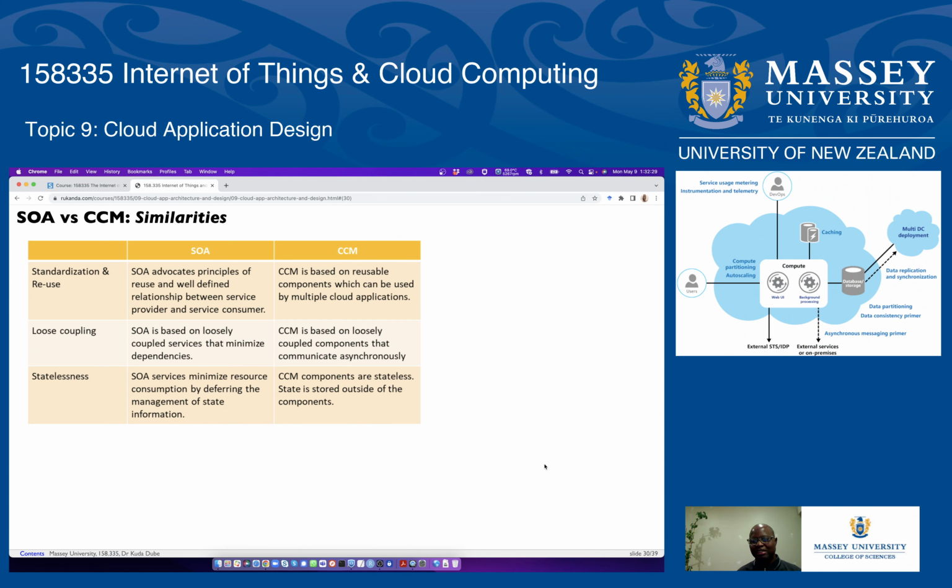Right, the differences are basically the endpoints. Service-oriented architectures have a small set of endpoints, but in cloud components there is a very large number of endpoints. There is an endpoint for each resource inside a component, identified by a URI, right?